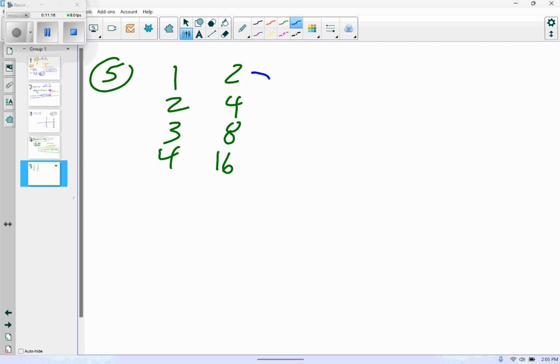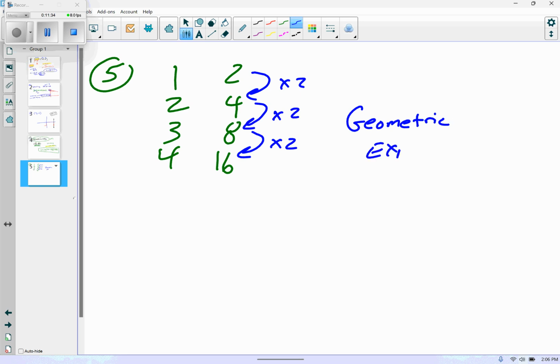All right. So that's times 2, right? Do you agree with that times 2? So, my friends, this means it's geometric. And if it's geometric, that means it's exponential. Which I think we could go do.